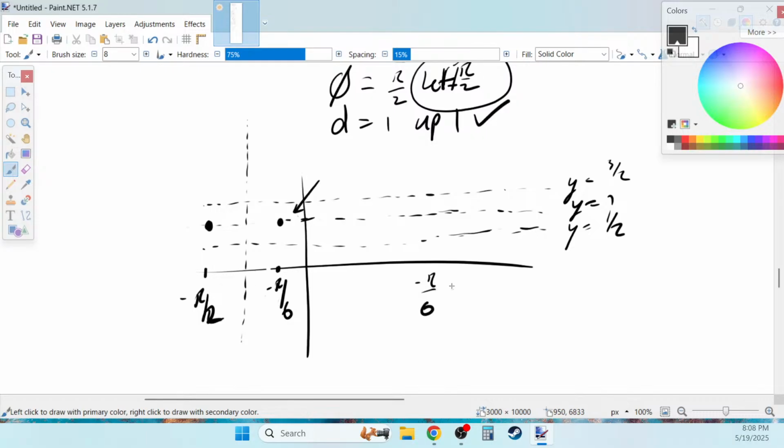Negative pi over 6 plus negative pi over 2 gives us negative pi over 6 minus 3 pi over 2, and then we divide that in half.